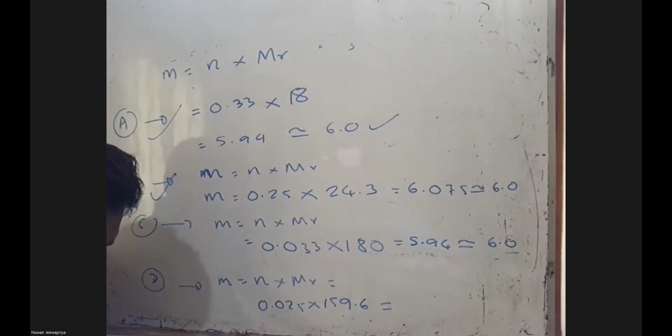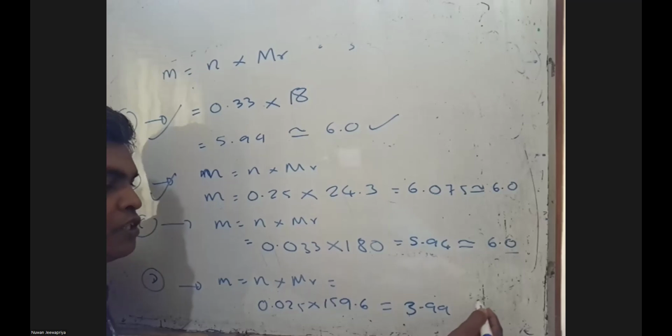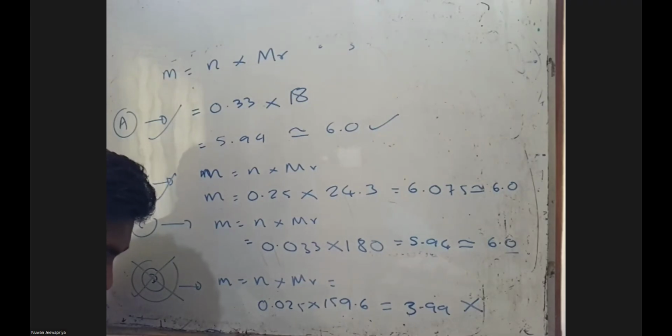So then the answer, 0.025 multiplied by 159.6, is equal to 3.99. So this is not equal to 6 grams. So the answer is D. The correct answer is D. I guess it is clear to you how we get the answer for D.